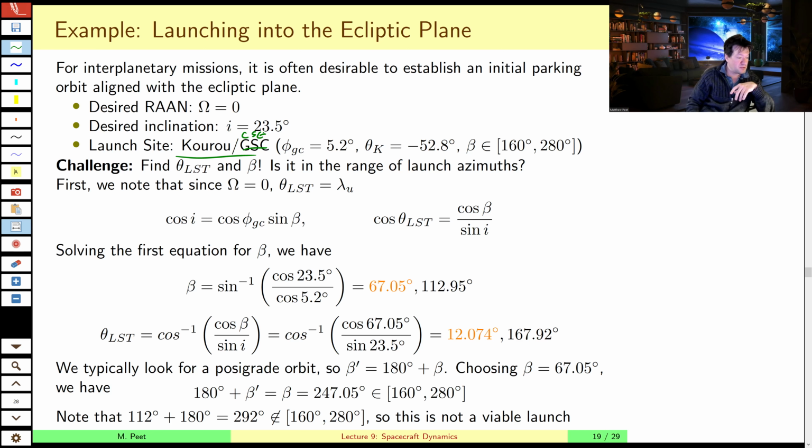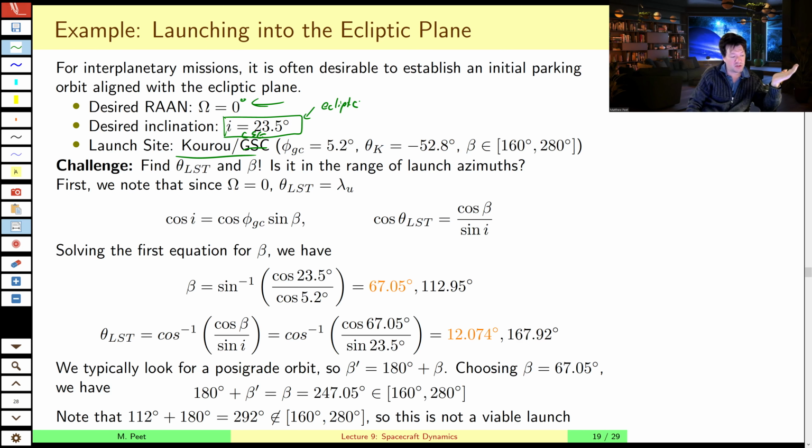In this case, we have some arbitrarily chosen right ascension of the ascending node at 0 degrees. We have a desired inclination of 23.5 degrees, the ecliptic. The question is, what's our corresponding launch azimuth and launch time?